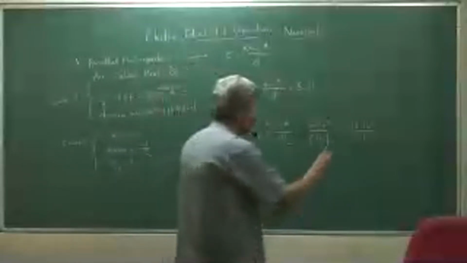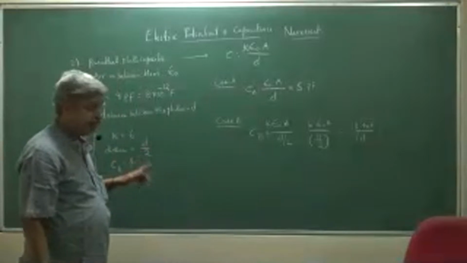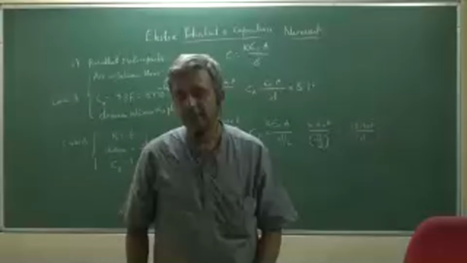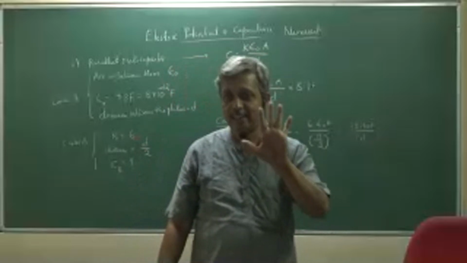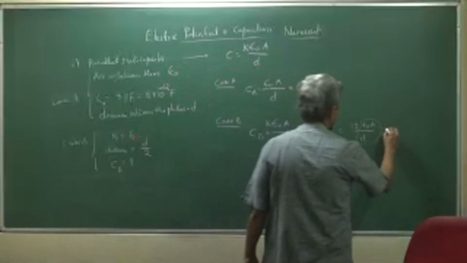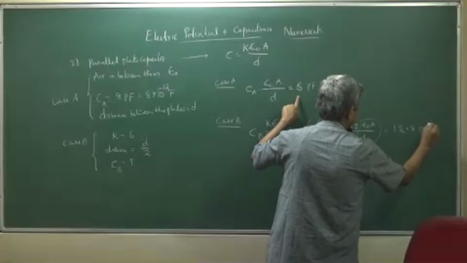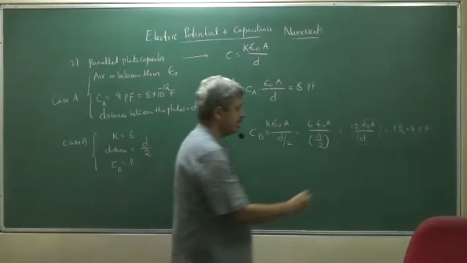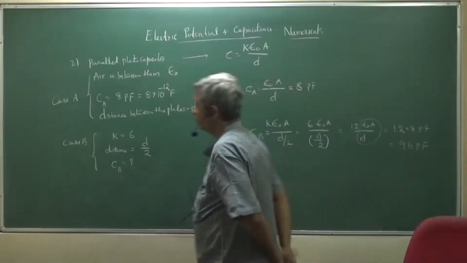Since the values of epsilon naught, A and D are the same, though the distance between the plates has become D by 2, the original value of D is the same. So this basically becomes 12 into 8 picofarad. Correct? So that means 96 picofarad is the answer. That is all.